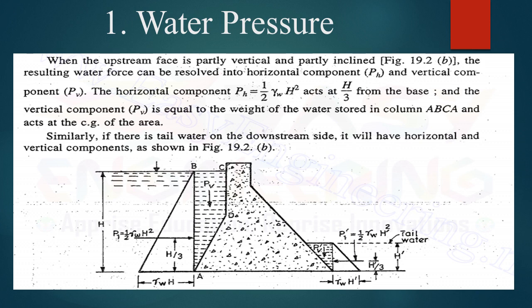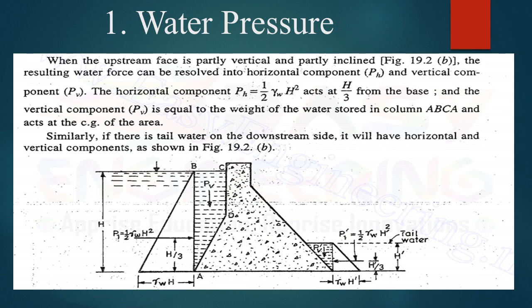In a similar case, on the downstream side, the stored water is called the tail water. This tail water is also stored in an inclined shape on the downstream side, so it will also create two components, horizontal and vertical.